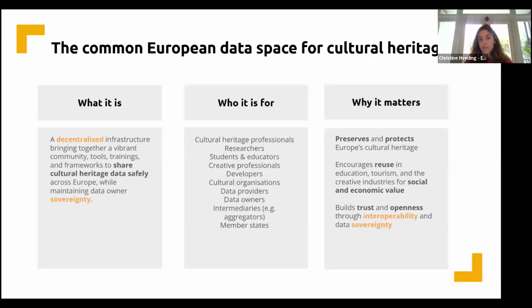It's a decentralized infrastructure bringing together a vibrant community of tools, trainings, and frameworks to share cultural heritage safely. It builds on Europeana's expertise, but goes further, expanding it in scale, technology, and community reach. And of course, it will continue to serve museums, archives, libraries, educators, researchers, creatives, member states, as well as smaller organizations.